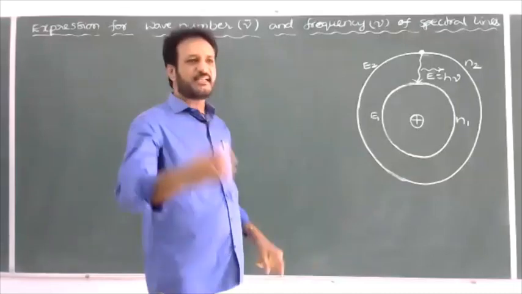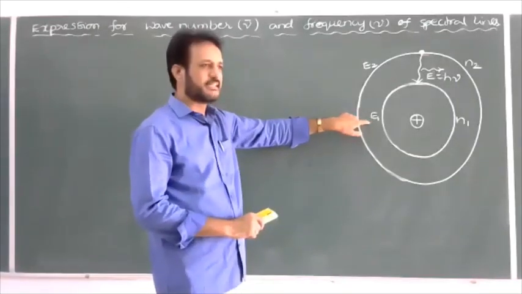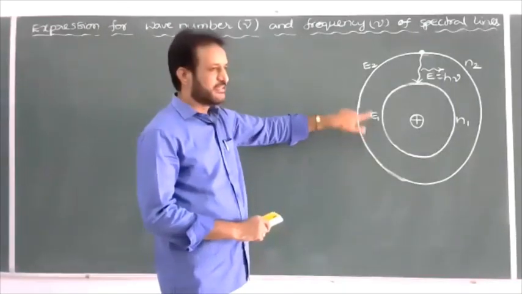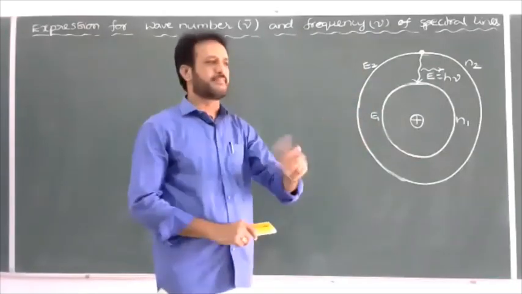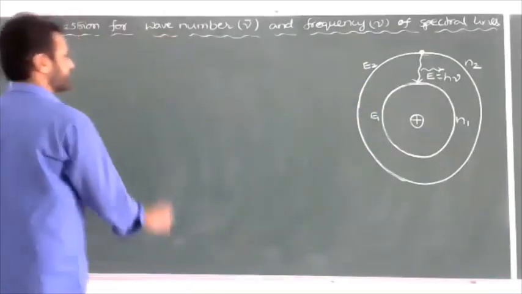I already derived the formula for the total energy of the electron in the nth orbit. I'll consider E1 and E2 and subtract both, and we'll get the formula. Now check here first.